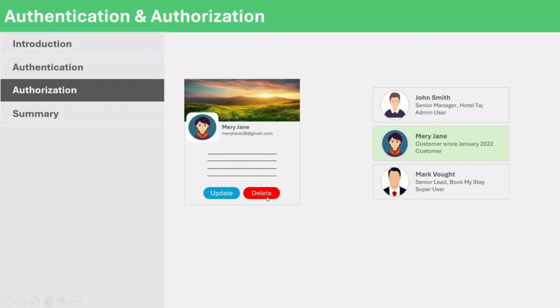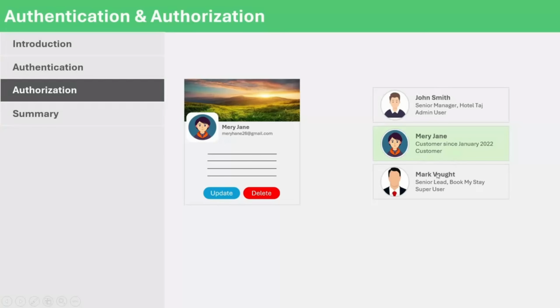But she cannot create a new hotel or update the details of an existing hotel because she does not have that permission. Her role is customer, and a customer can only view the hotel details, book a hotel, or update or delete their profile. But they cannot create a hotel, update the details of a hotel, or delete the hotel.